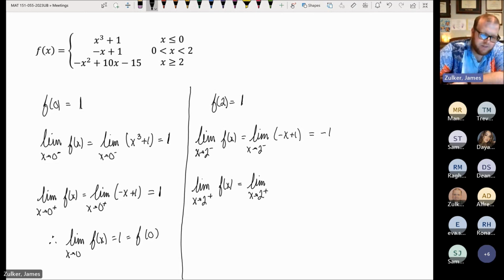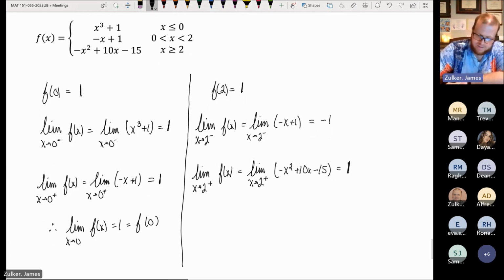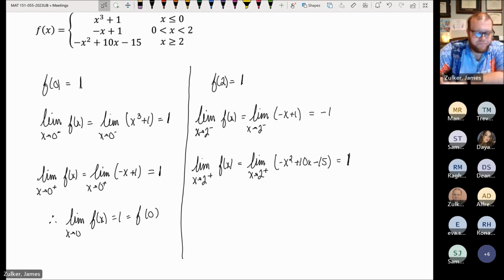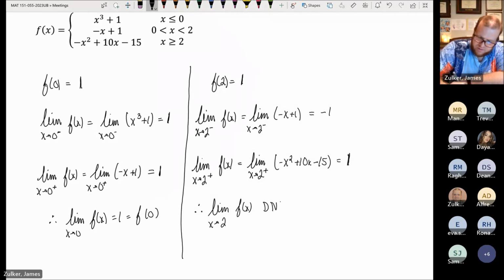Right-handed limit is 1. This means that limit does not exist, so we do have a point of discontinuity at 2.